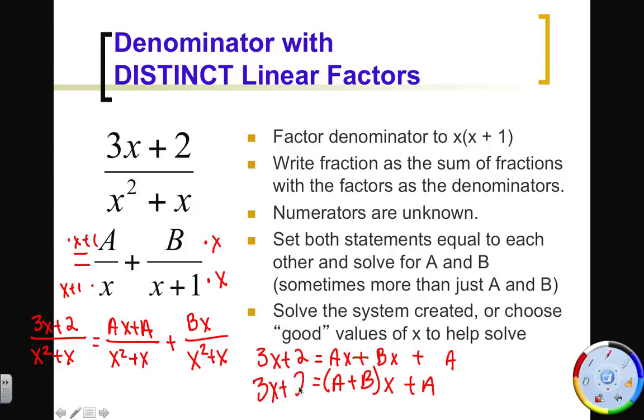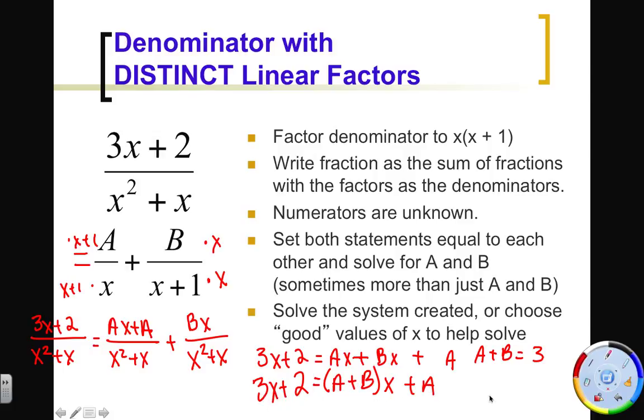What you'll notice here is I have a number times x plus a number equals a number times x plus a number, which means everything that goes with the x piece has to go with the x piece over here. That means A plus B has to equal 3, because those are the pieces that go with x.